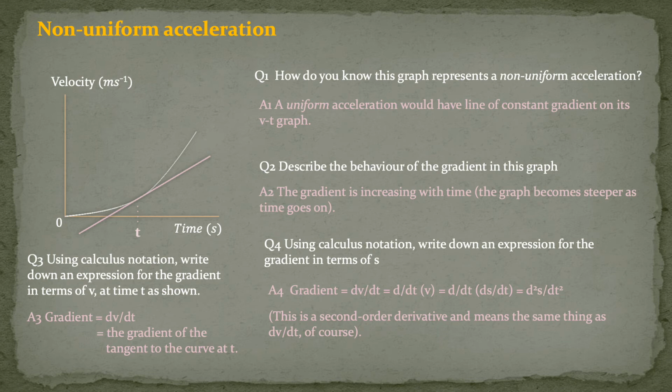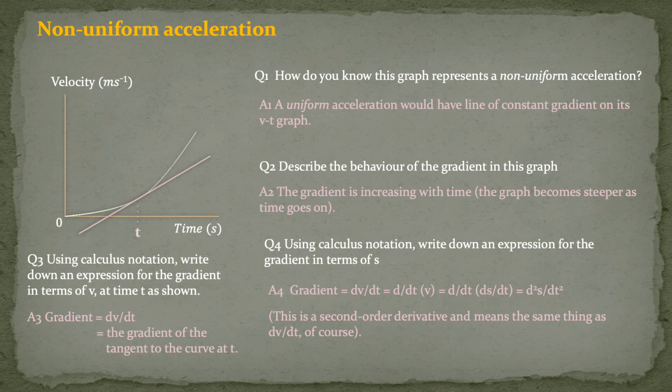But what is v? Well, v itself is ds by dt. So we're essentially doing a d by dt of ds by dt, and that can be written d2s by dt squared. So d2s by dt squared is an alternative way of writing dv by dt. We're writing it in terms of s rather than in terms of v.